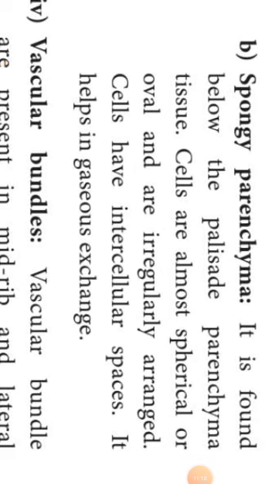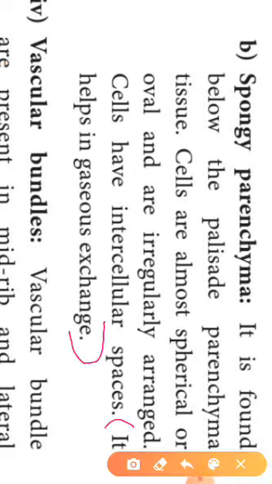It helps in gaseous exchange. What is the shape of spongy parenchyma and how is it arranged? Spongy parenchyma cells are spherical or oval and are irregularly arranged.